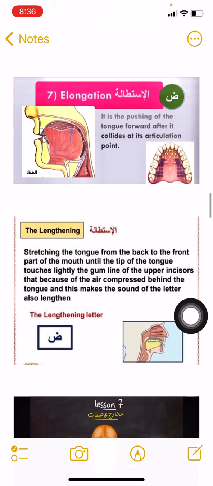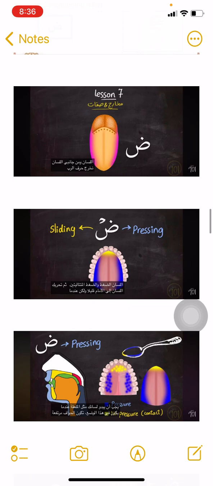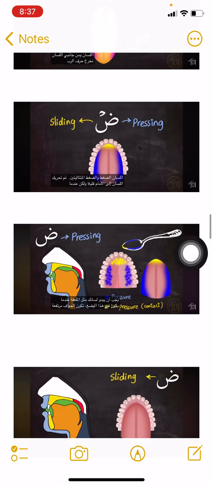Here, I want you to see the mechanism, how الاستطالة happens. At first, we have 2 mechanisms: first pressing, then sliding. What are these?